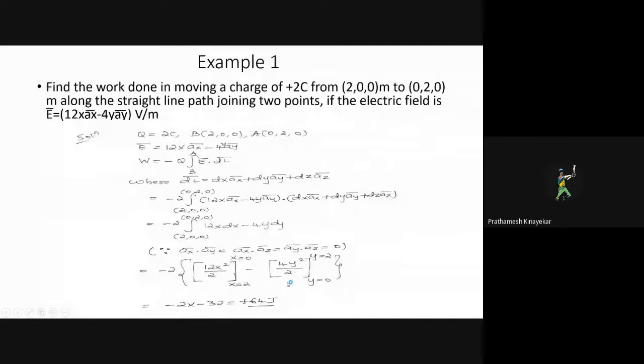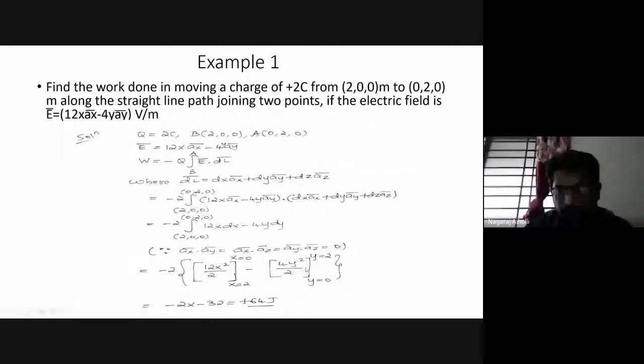Here 4 by 2 is 2. Right. Upper limit is 2. 2 square is 4. 4 into 2 is 8. Simple. So here it is minus 32. Yes, sir. So this is how we are solving this particular example.